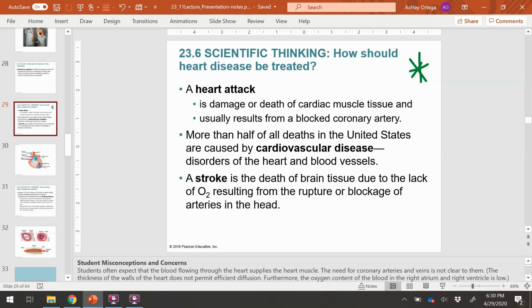Recoveries can be made, but it can also be fatal. So it really depends on what type of damage has been done, how serious the damage is, and if the patient can survive while getting treatment by a professional.